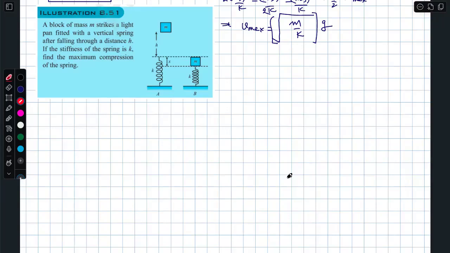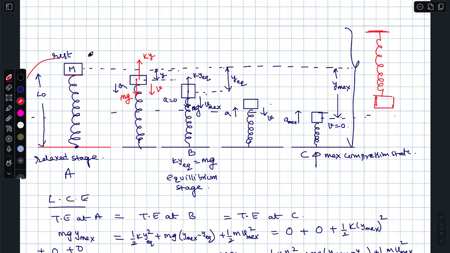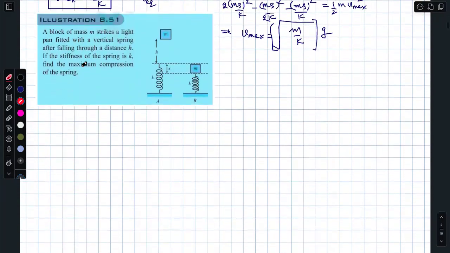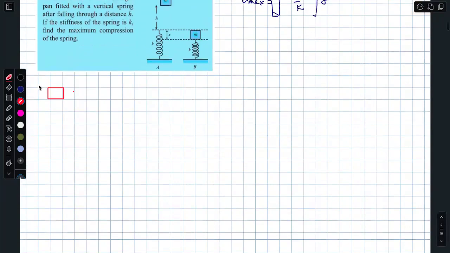What is the difference between the previous case and the present case? In the previous case, at this point, the block is at rest. You dropped it from rest. There is no velocity at all. Now the entire story is different. Now, the moment when you are here, it has a velocity root 2gh.